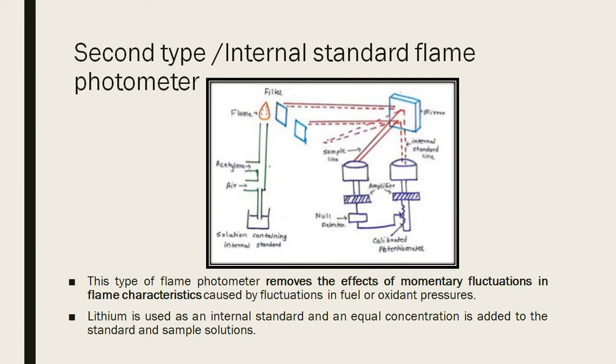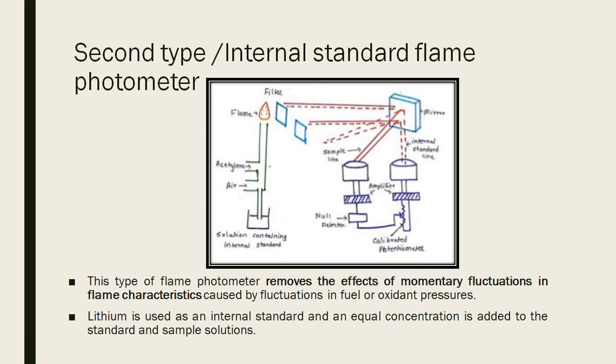Next is the second type, or you can say the internal standard flame photometer. You can see here that the internal standard is used. In this type of flame photometer, the effects of momentary fluctuations caused by fluctuations in fuel or oxidant pressure can be removed.